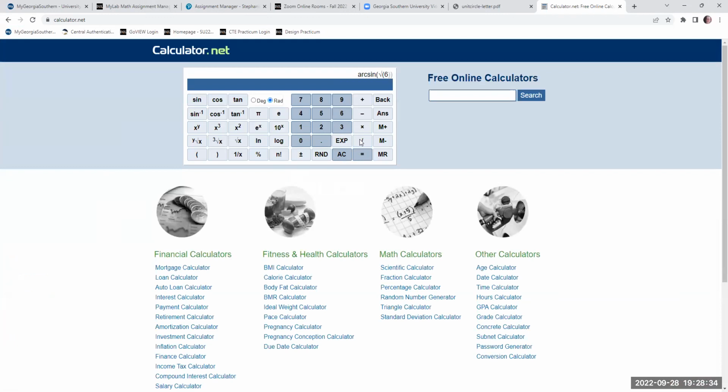Now be careful here. I intentionally did this one. I need to close the parentheses on the square root because I want to take the square root of 6 and divide the whole thing by 3. If I didn't do that, I would have gotten the square root of 2, because 6 divided by 3 is 2. So I need to close the parentheses and then divide by 3. And then we get 0.96.